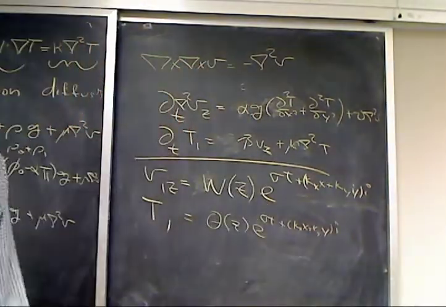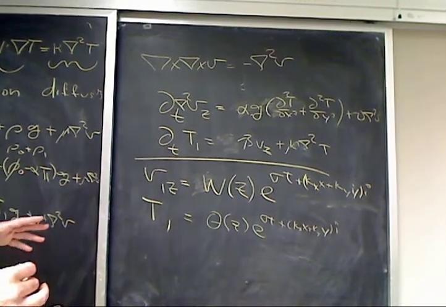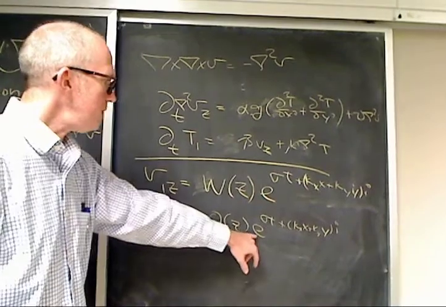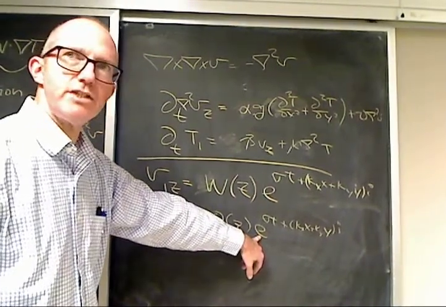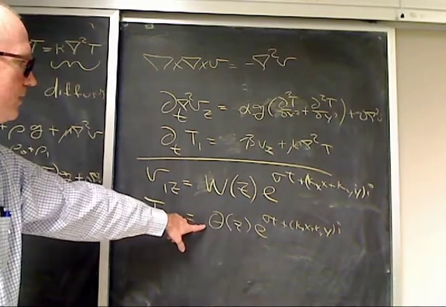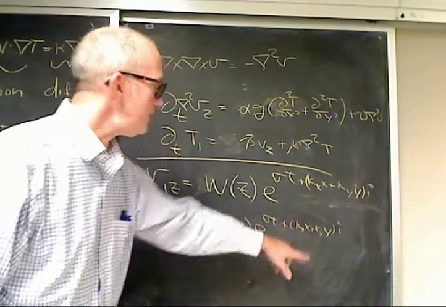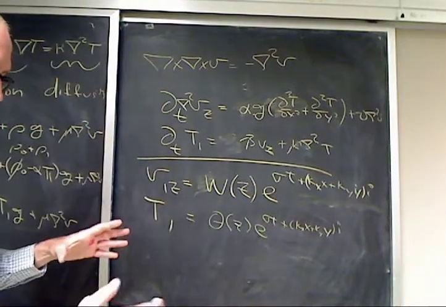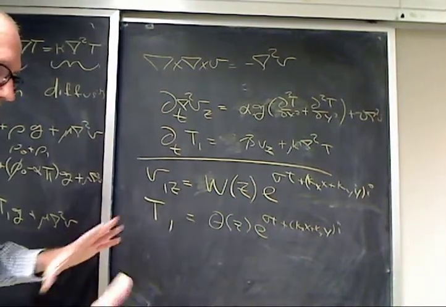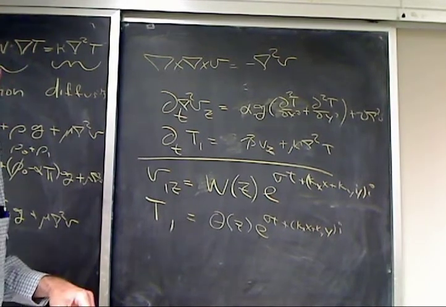So we have something that's going to oscillate in x and y, but be probably exponential in time. And we don't know anything about the z behavior, but it's going to be wave-like in x and y because you have free solutions in those directions.